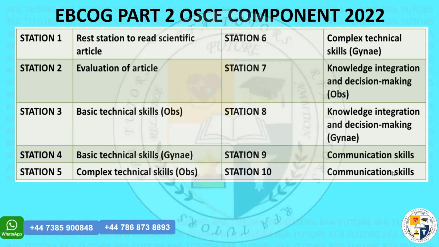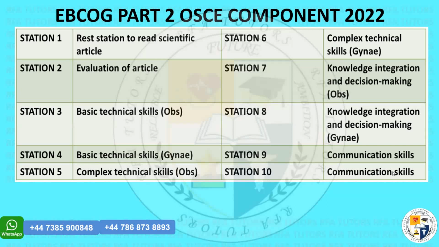Now, the complex technical skills, station number 5 and station number 6, are again divided into obstetric and gynecology topics. They involve leadership, communication with colleagues, and all those obstetric emergencies. The list we'll provide you just in a bit.